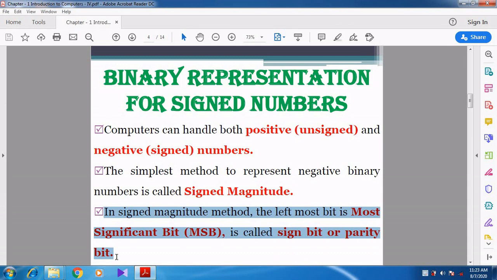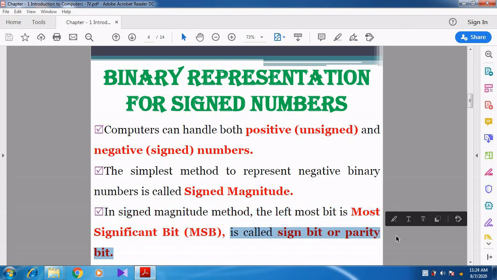That most significant bit is called the sign bit, or parity bit. Why it is called the sign bit, we will discuss in the next slides. So in the signed magnitude method, the leftmost bit, the most significant bit, is otherwise called the sign bit or parity bit.